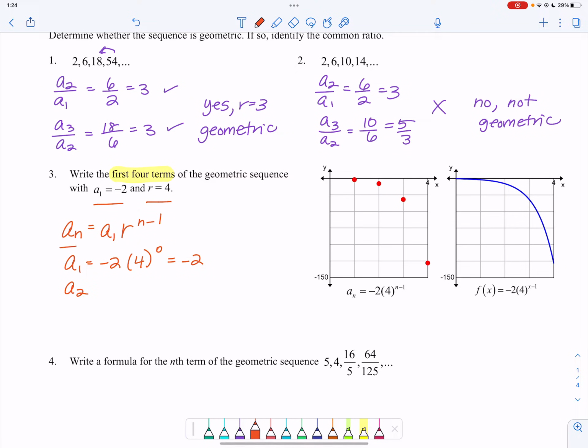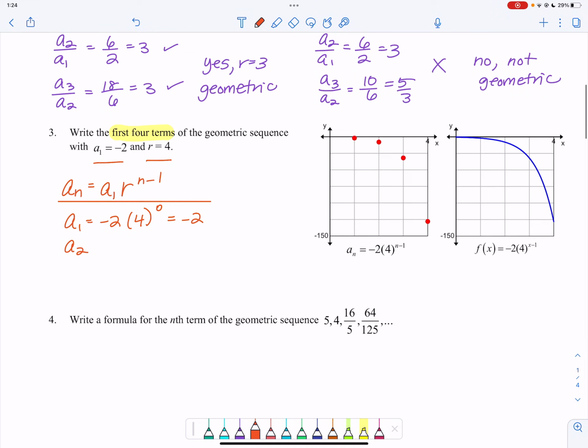Likewise, the second term is going to be equal to the first term times 4 to the first power, and that's going to be -8. And you could keep going. Here, since it's the third term, we're going to square 4, and we're going to have -32.